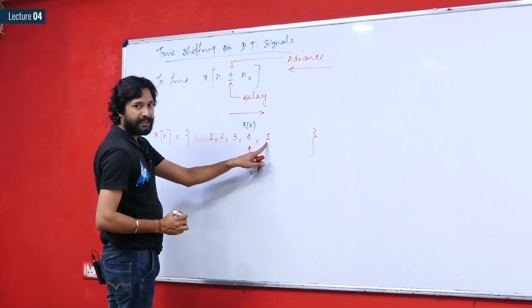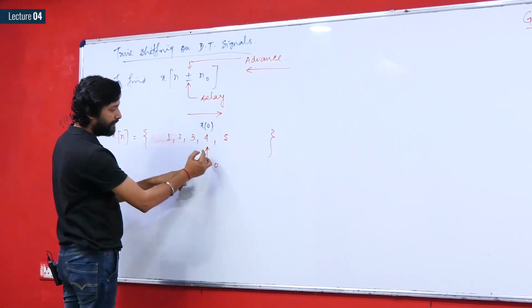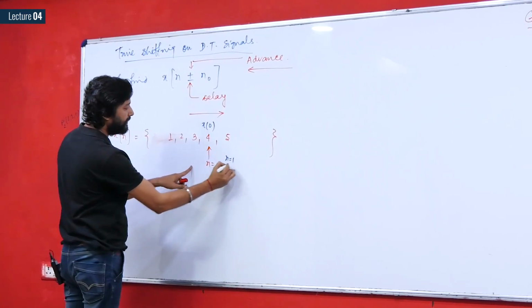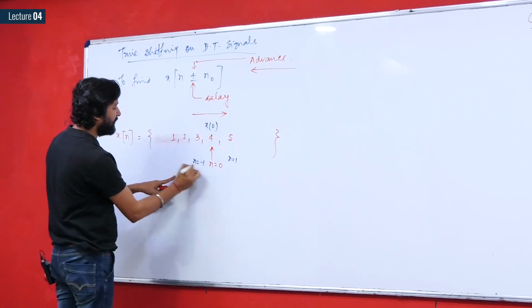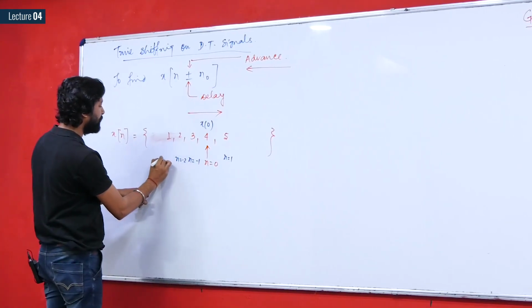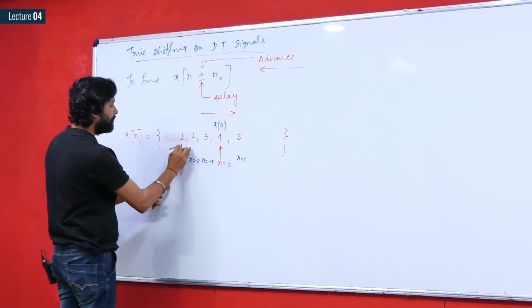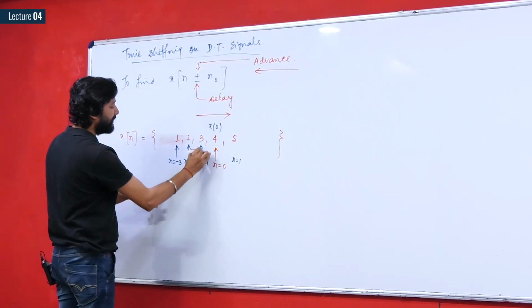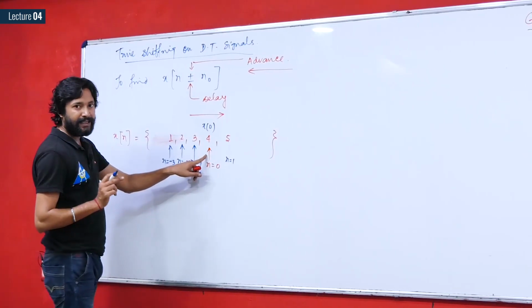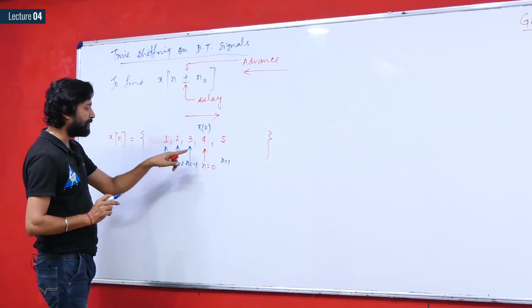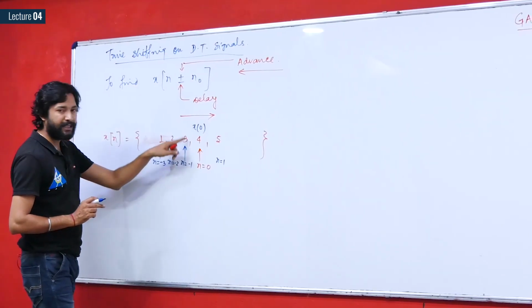This is the value of signal x of n at n equals 1. After the origin the value is n equals 1, before the origin the value is n equals minus 1, here n is equal to minus 2, n equals minus 3 and so on. Origin only one arrow will be there, but here I have specified arrows just to specify the corresponding values of n.